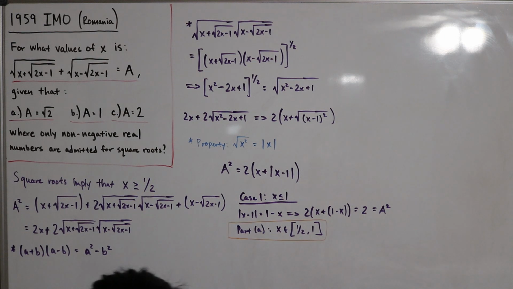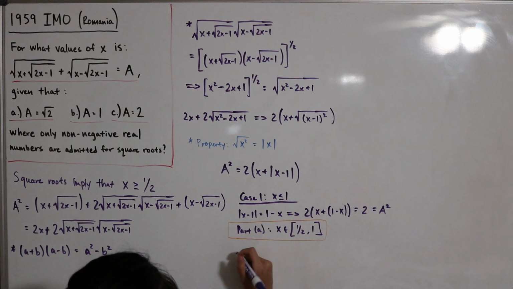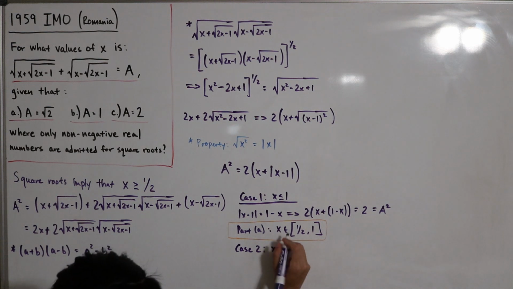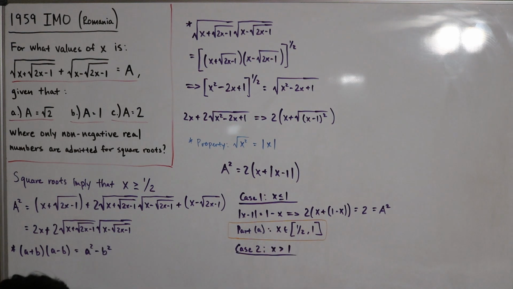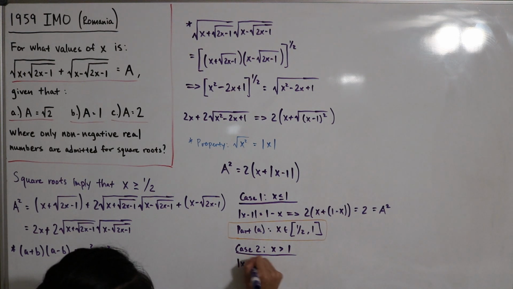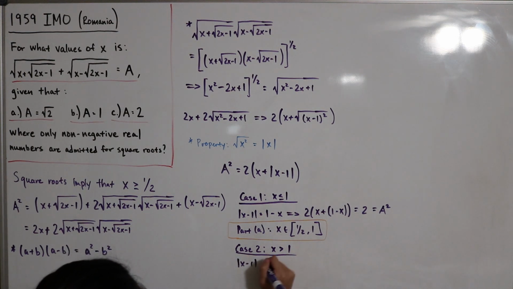And now the next thing is we have to consider case 2 specifically. And case 2 is when x is strictly greater than 1. If that's the case, then the absolute value of x minus 1 is just equal to x minus 1.